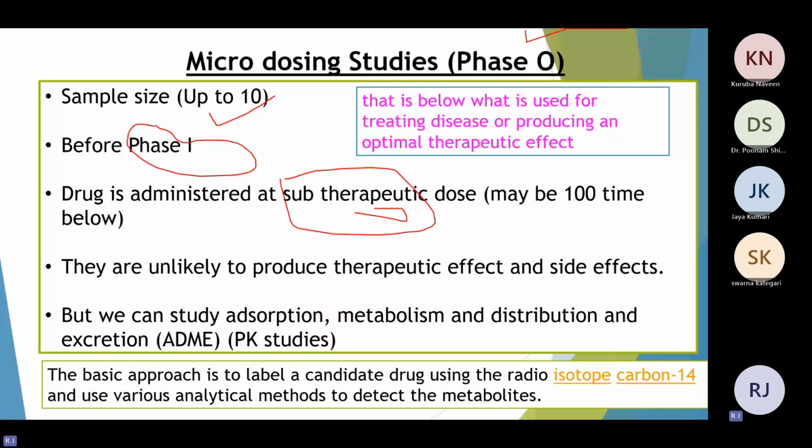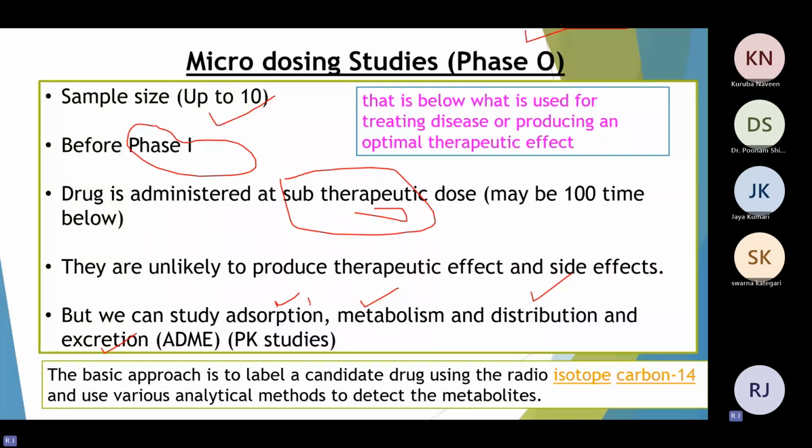So what we do, to have a good idea about the drug's PK property, how well it is going to absorb in the body, how well the body is going to metabolize the drug, how well the drug is going to distribute in the body, and how the drug is going to be excreted from the body. To determine this quality of a drug, it is better to test the drug in the human body, but we cannot give the drug to a large number of people, right?